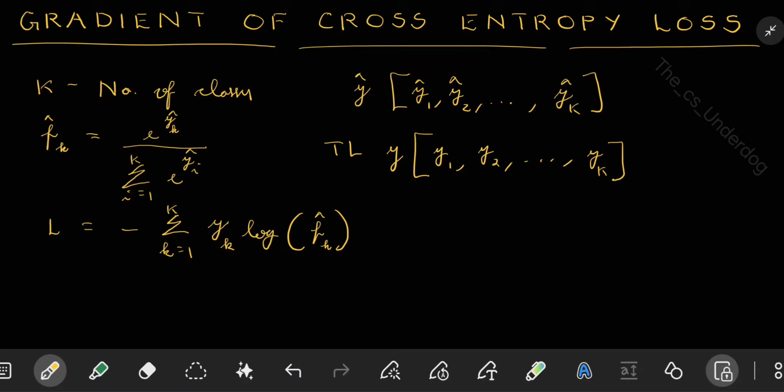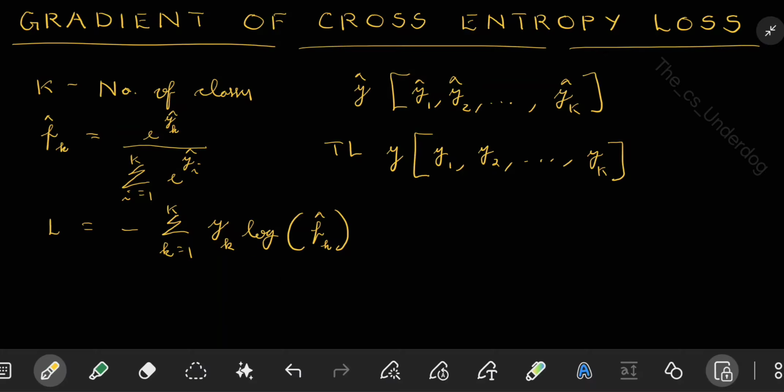We already discussed that the value of yk will be 1 only for one particular class, which is the true class, and it will be 0 for all other classes, because of which in this whole summation all other terms will be cancelled out, because yk will take value zero. For the true class, yk will take value 1. For that, the loss will be this log pk cap, right? This is the logic.